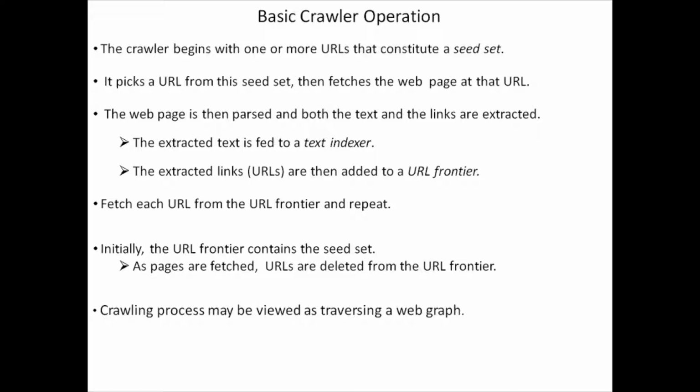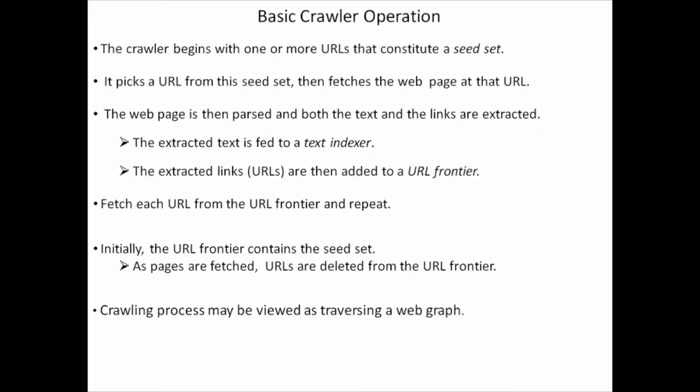And we can view this process as traversing a web graph. Since the URL frontier is implemented using the first in, first out mechanism, we can implement it using a breadth first search, because when we are using FIFO, we are going to use breadth first searching.